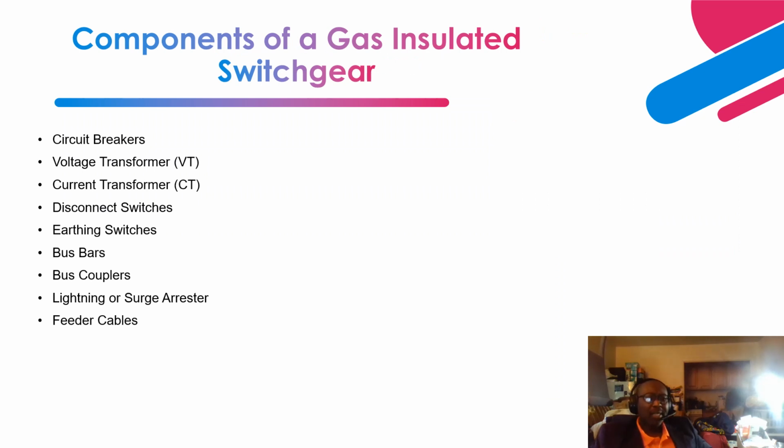Now let's talk about the components of a gas insulated switchgear, right? You have a circuit breaker that helps to interrupt the fault if a fault should occur. You have a circuit breaker that is supposed to close to energize the circuit that provides power to the feeder circuits that you want to power, right? Then next are the instrument transformers.